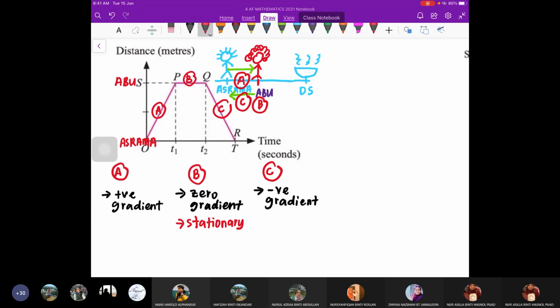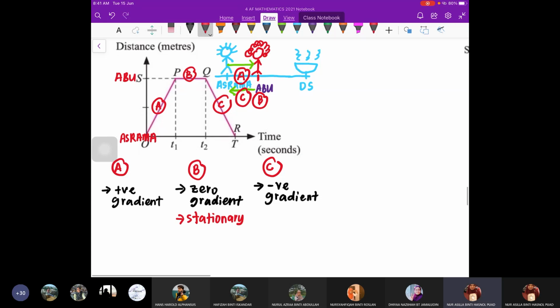Okay. Alright, no question. So kat sini saya nak cakap positive gradient. Kita boleh cakap juga dia adalah movement ataupun motion forward. Okay. And then B, dia adalah stationary atau kita kata no motion, ataupun static.